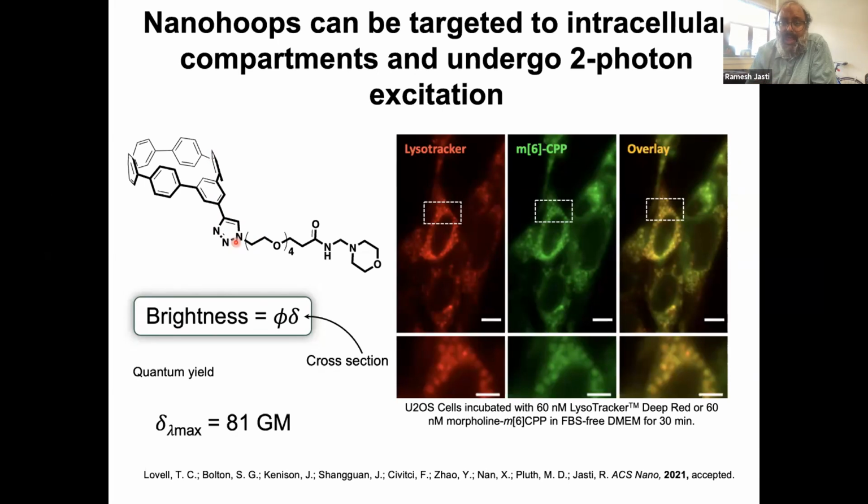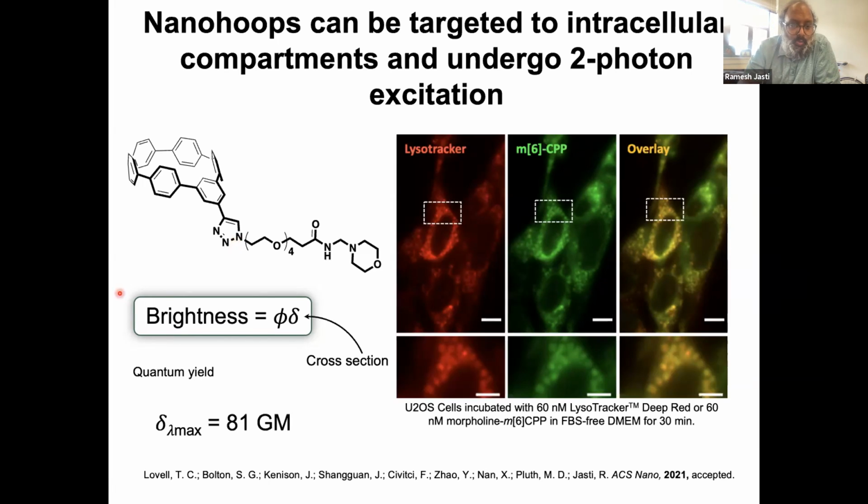Can we see that? And what we wanted to do in this case is use 2-photon excitation. So instead of having to excite it at 350 nanometers, you could excite it at 700 nanometers if it has a good 2-photon cross section. Not everything is that way, so you have to find this out.